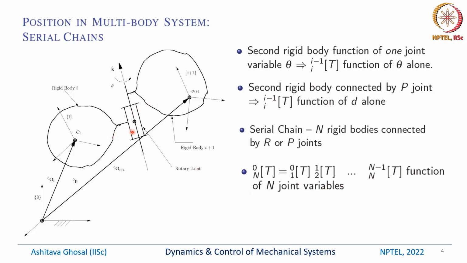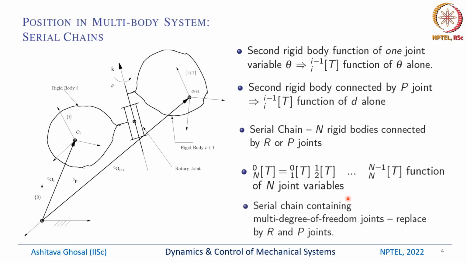So if there are n rotary joints, then each one of these transformation matrices is a function of theta. So there are n thetas. If there are some thetas and some d's, then these n joint variables are broken up into thetas and d's. Theta is the rotation at the rotary joint, d is the translation at the prismatic joint.